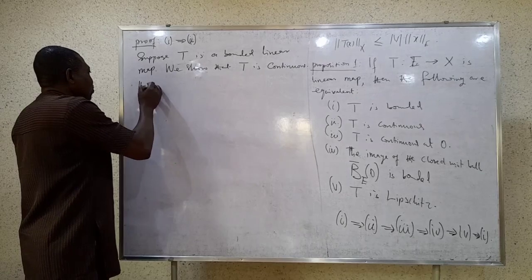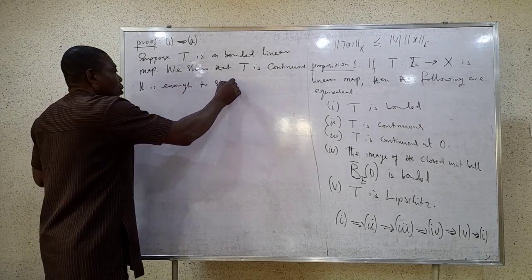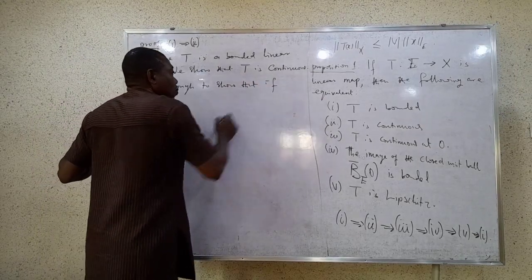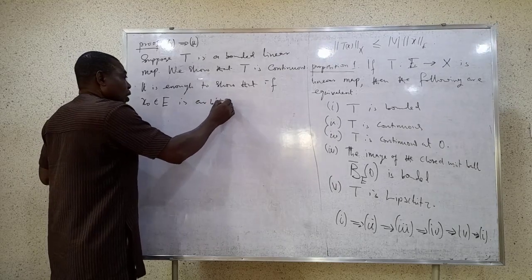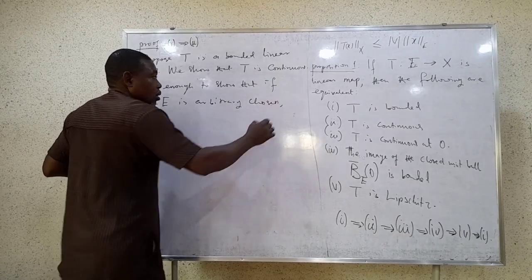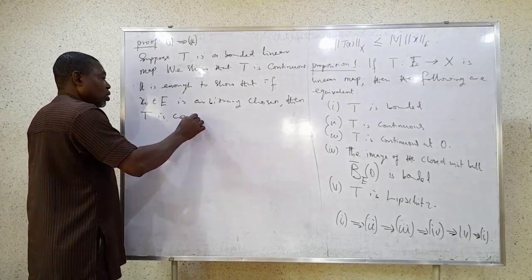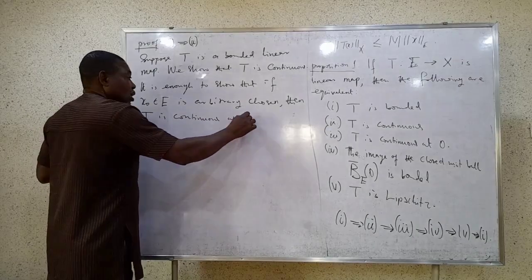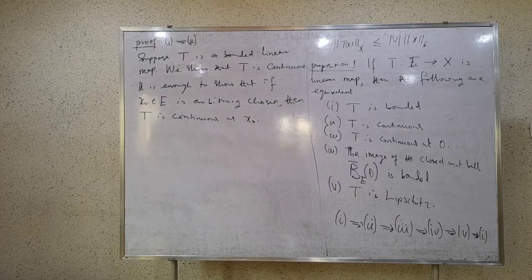I think it is enough to show that if x naught in E is arbitrarily chosen, then T is continuous at x naught. So if you're able to show that for arbitrarily chosen x naught, T is continuous at x naught, then we conclude that T is continuous.